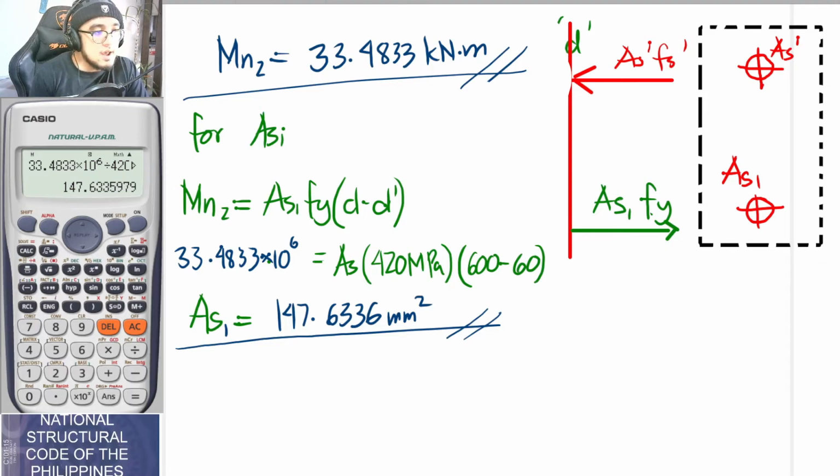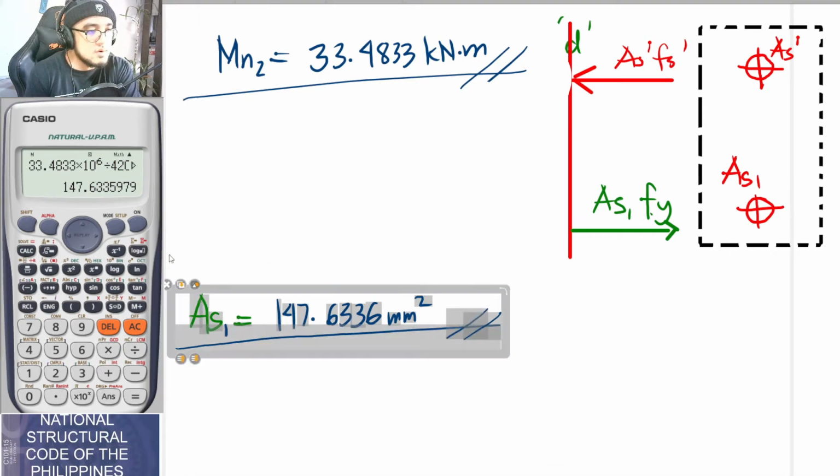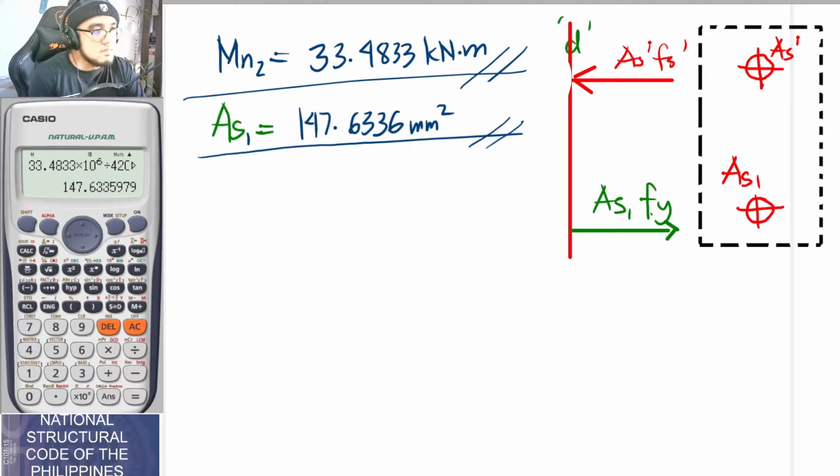Okay, so we already have the value for our AS1, but what about for our AS2? So I would just be erasing this already. So lagay natin dito, AS1. For AS2, we will now be taking the moment about this point so that AS1 Fy would be out of the equation.